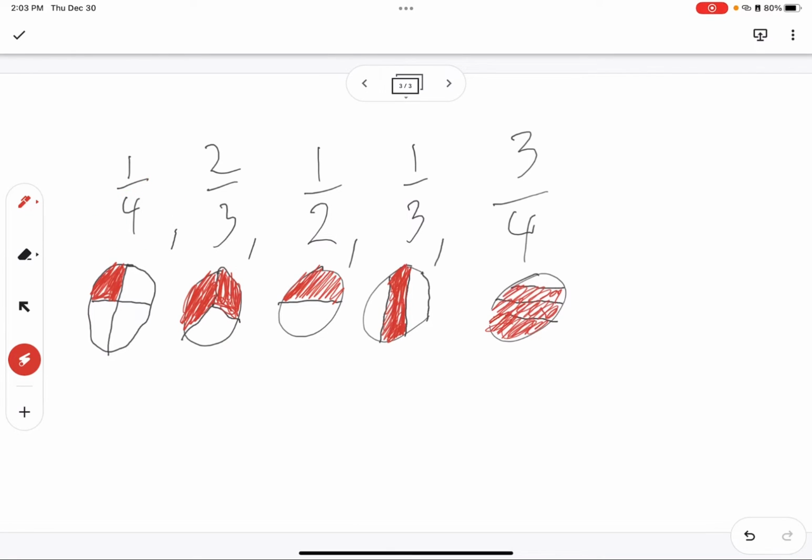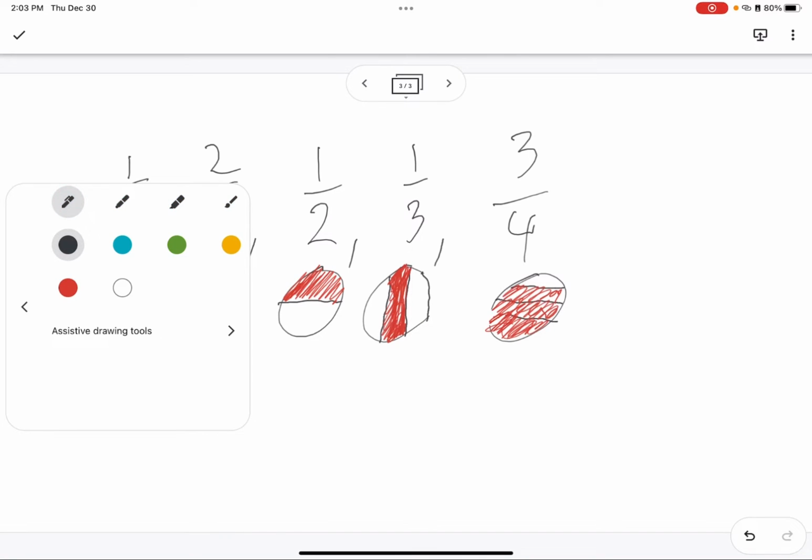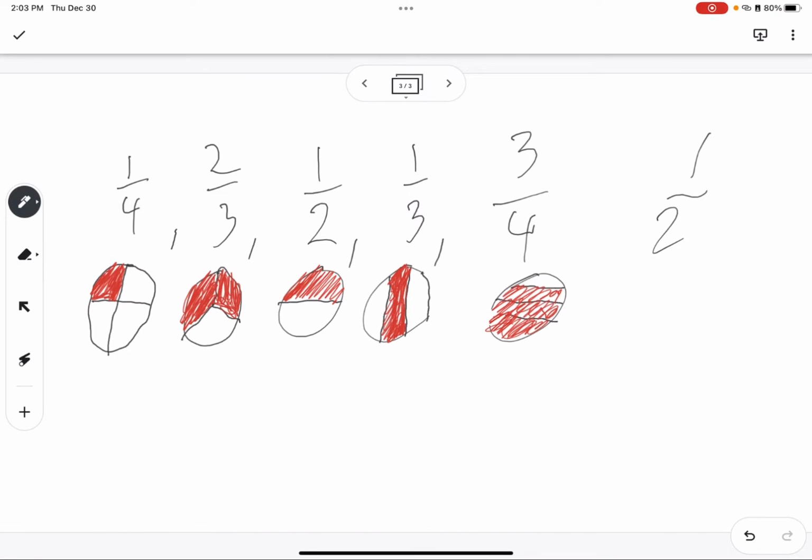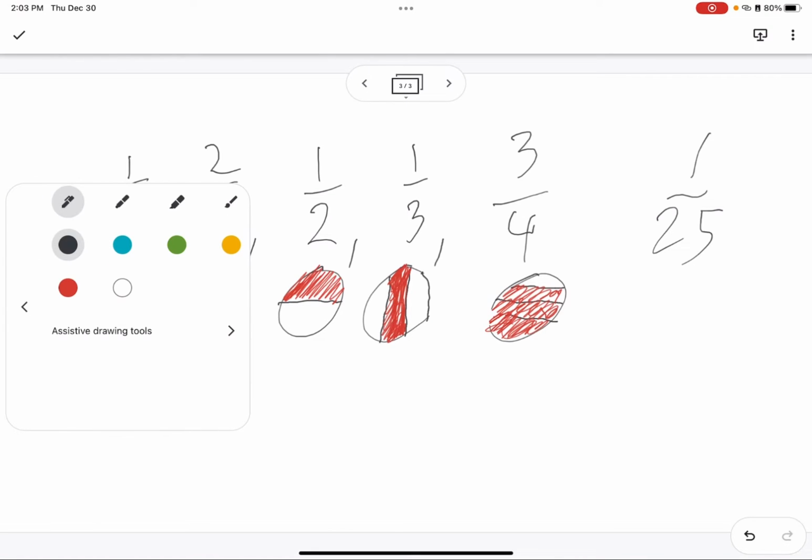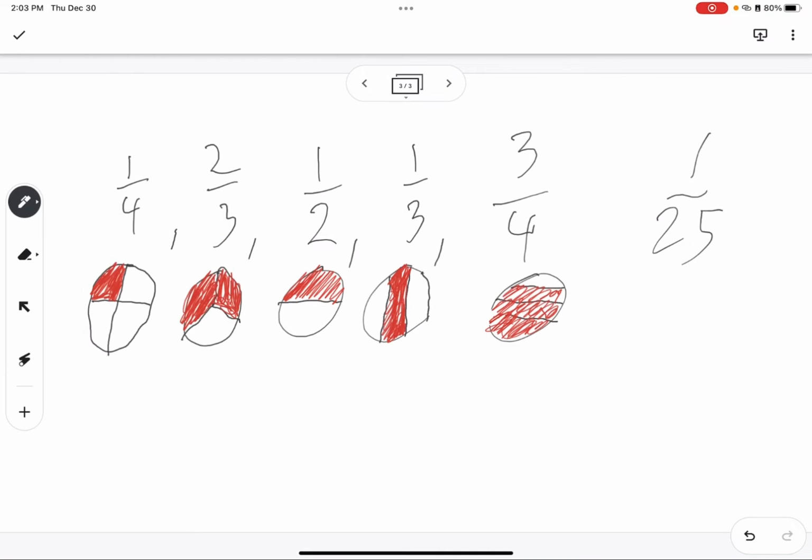Just like if you had 1/25 of a pizza, right? If I've got 1/25 of a pizza, how many pieces would this pizza be sliced into? It would be divided into 25 slices. Don't you think each one of those slices would be really small? Yeah.